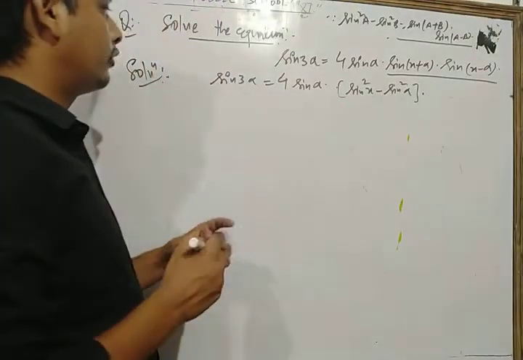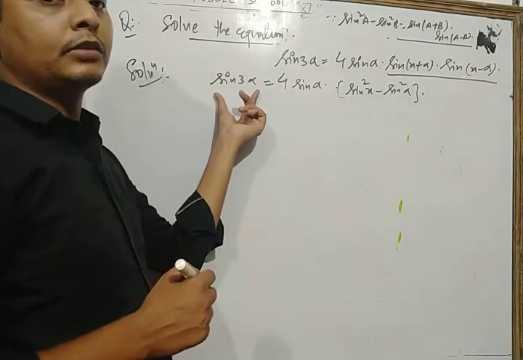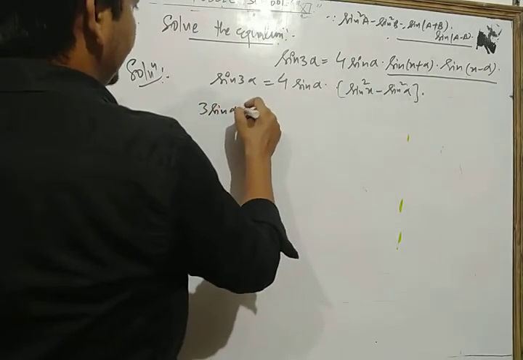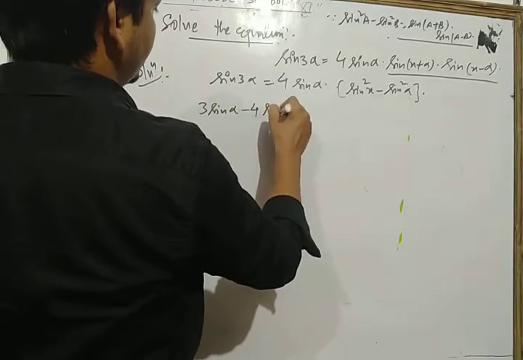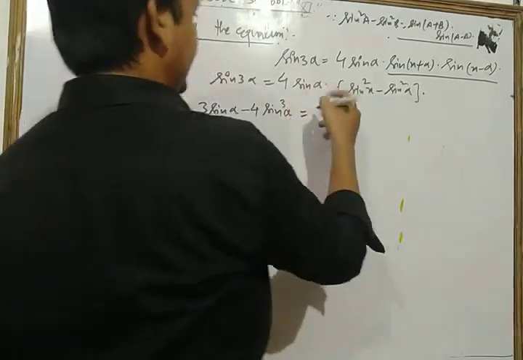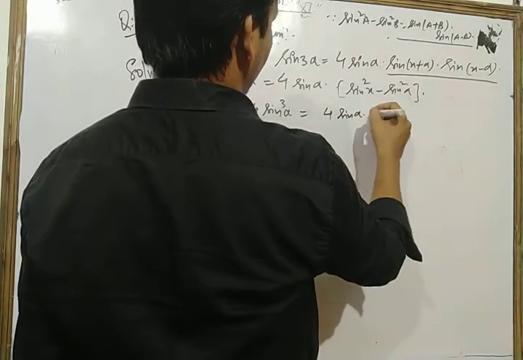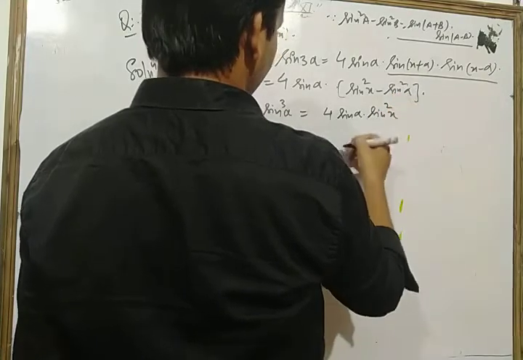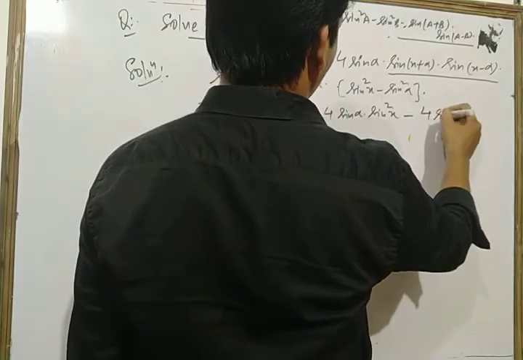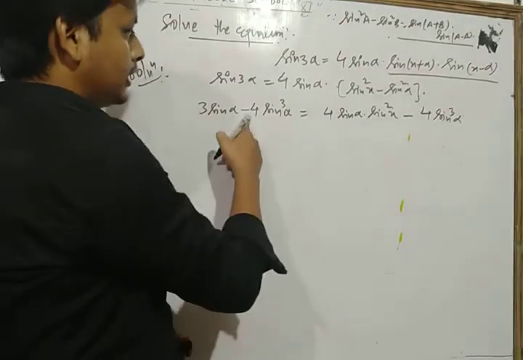And we know that the formula for sin 3 theta is 3 sin theta minus 4 sin cube theta. So here we write 3 sin alpha minus 4 sin cube alpha, and we multiply that value in that, so we get 4 sin alpha into sin square x minus 4 sin cube alpha.